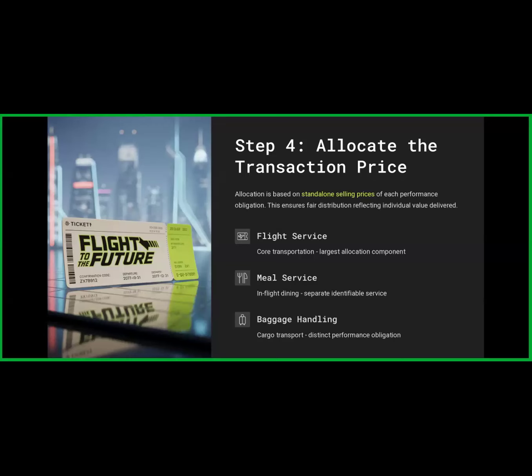In the ticket, the flight company should mention all the things separately, how they collect the payments from the customers, how they get the revenue by providing different services: the core transportation, the meal services, and the baggage handling.